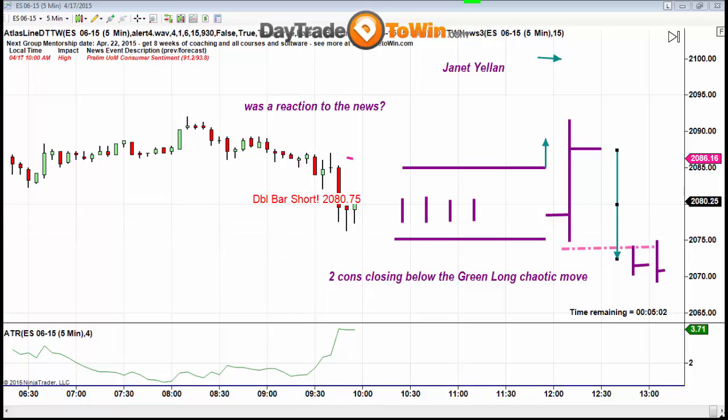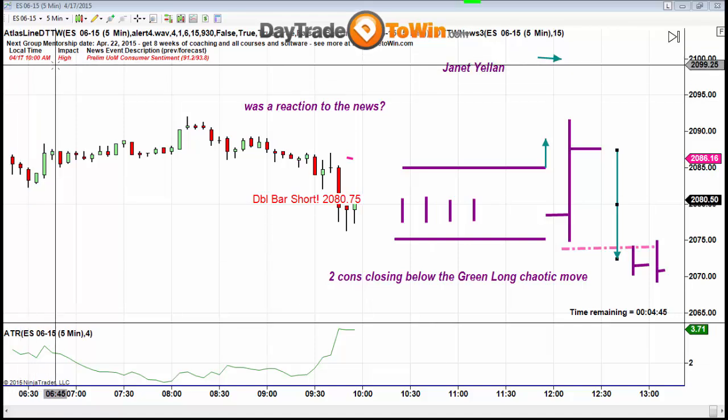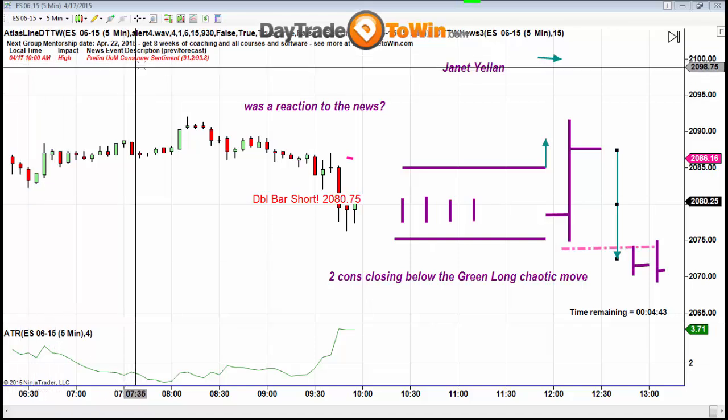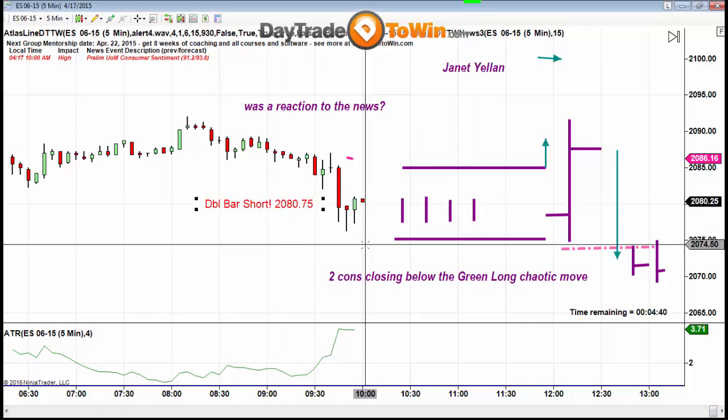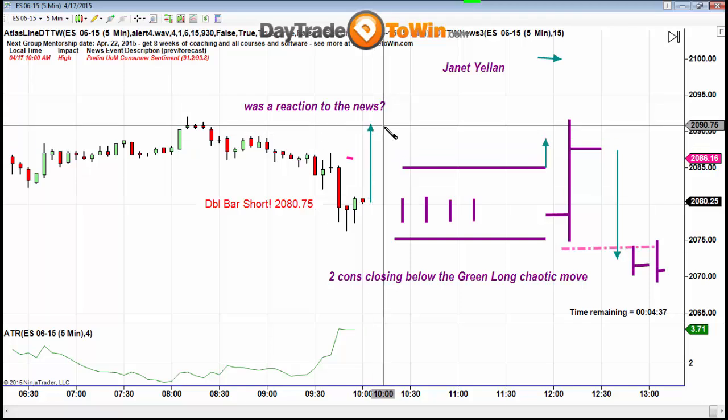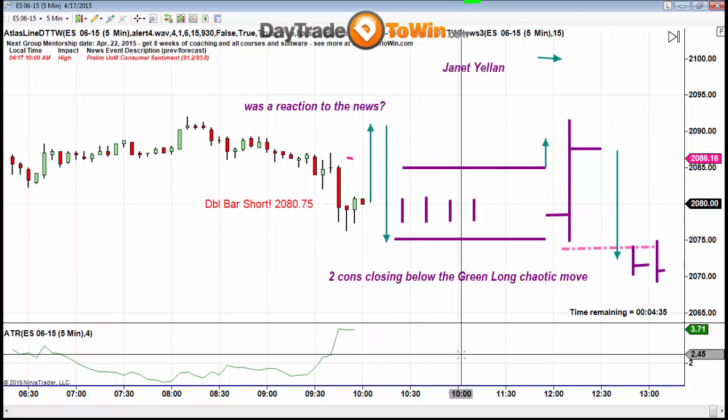So for example, on the Atlas line, a double bar short at 20.8075 just triggered to go short. So this is a short trade. Now there's news coming up here at 10 o'clock, which is unpredictable, right? The news says here that at 10 o'clock, which is in about 5 minutes, you have consumer sentiment. So we don't know if the market's going to shoot up or shoot down.